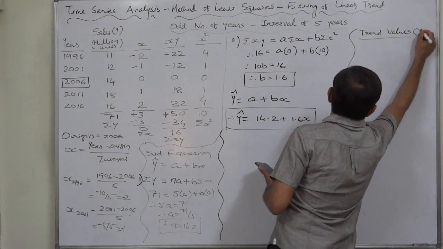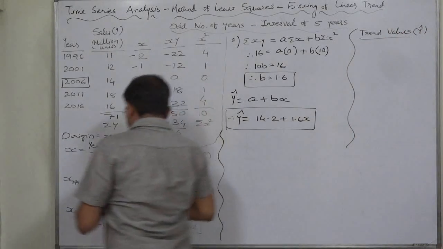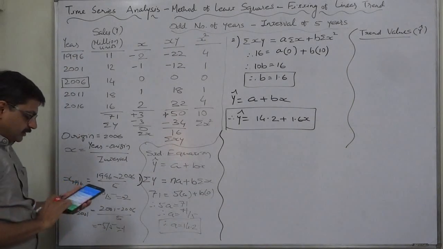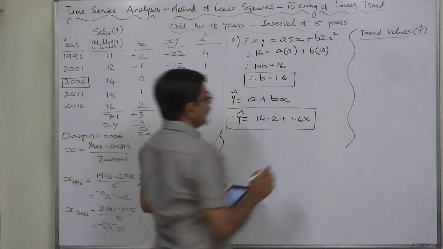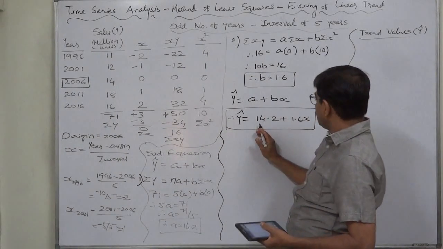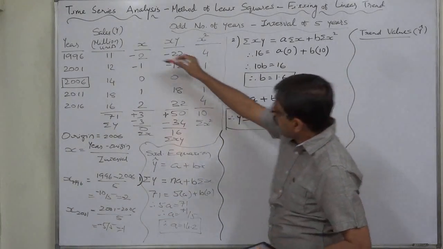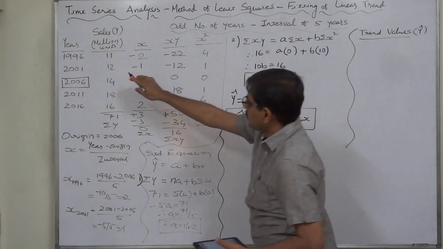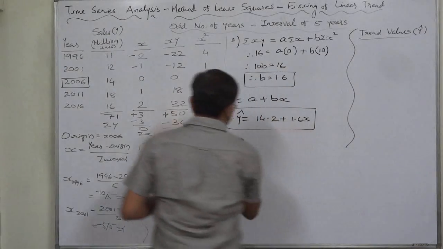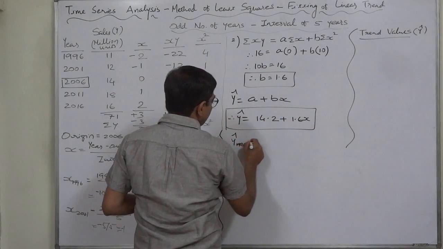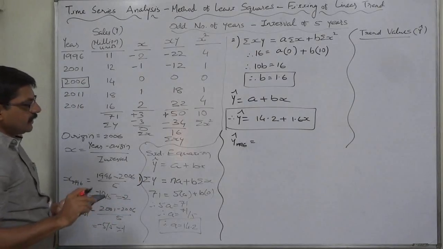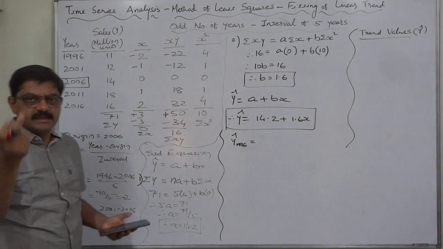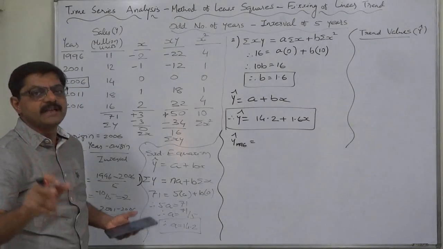What do we mean by trend values? Trend values means estimated values of y for all the years given in the time series. So we just have to substitute all these x values into this equation. For the year 1996, the estimated value will be known as trend value for 1996, because 1996 is already part of the time series.